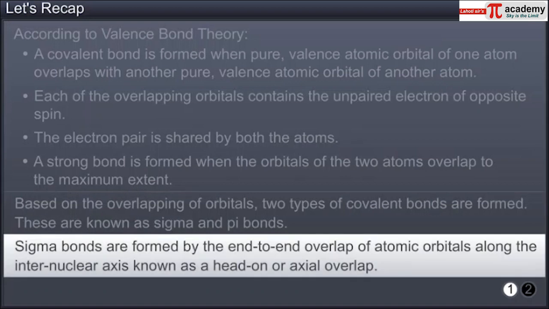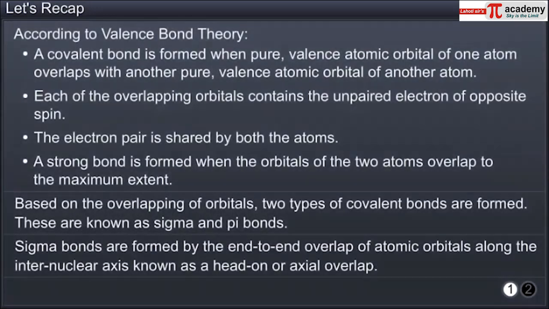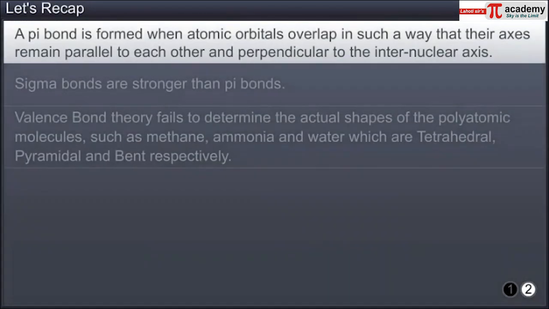Sigma bonds are formed by the end-to-end overlap of atomic orbitals along the internuclear axis, known as head-on or axial overlap. A pi bond is formed when atomic orbitals overlap in such a way that their axes remain parallel to each other and perpendicular to the internuclear axis.